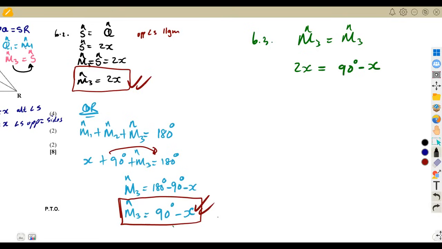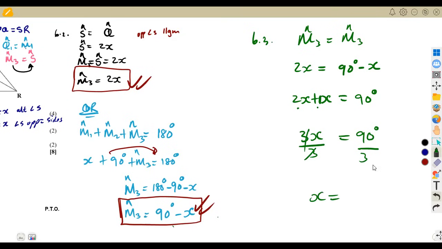Transposing this x to this side makes it a positive x, so 2x plus x is equal to 90 degrees. This is same as 1x, so 2 plus 1 is 3x, equal to 90 degrees. Divide by 3, and x is 90 divided by 3, that is 30 degrees.